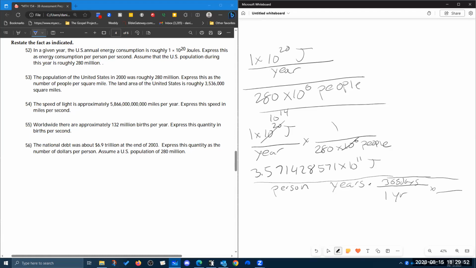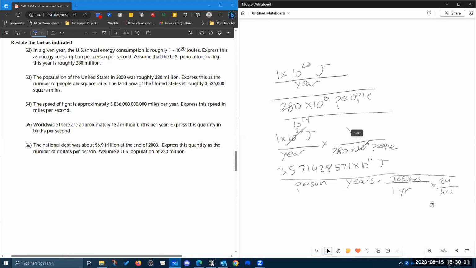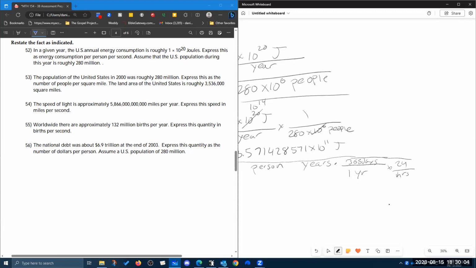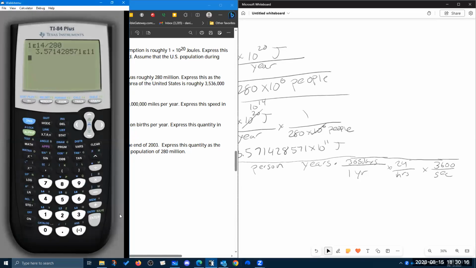And that day is 24 hours. And that hour is 3,600 seconds. So we have 365 times 24 times 3,600 in our denominator, which is 31,536,000.